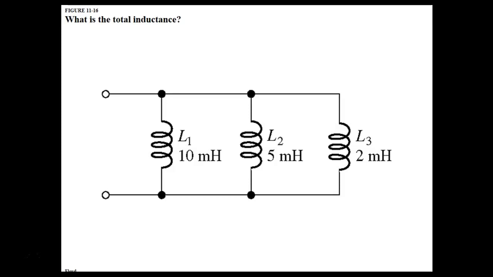So what would the total inductance be here? So we should expect it to be what? Yeah, we should expect it to be less than 2 milli. So LT would be equal to 1 over 10 milli plus 1 over 5 milli plus 1 over 2 milli.